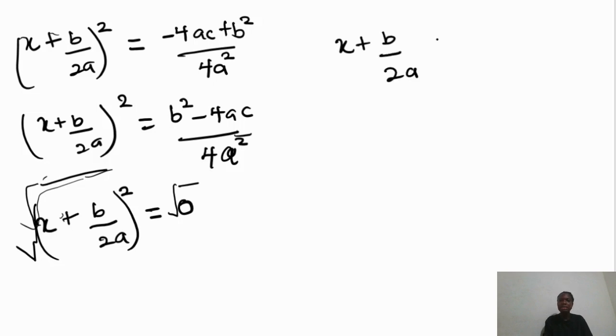So we end up getting x plus b over 2a equal to 0. From here, if you are making x the subject, we are going to get x to be equal to negative b over 2a.